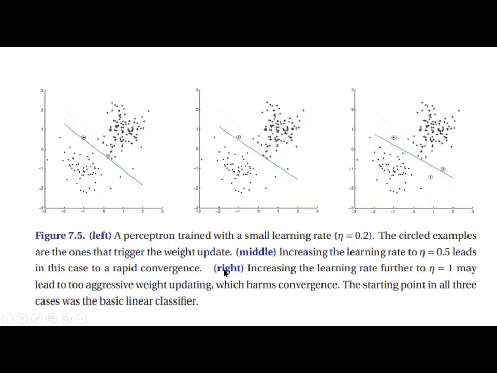You can clearly see in the figure a perceptron trained with a small learning rate, η is 0.2. What happens if we increase the learning rate to 0.5? This is 0.5. See this, there are positives.